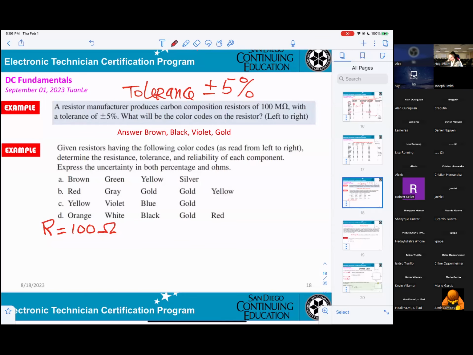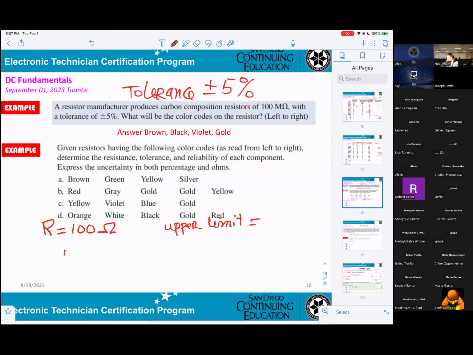So if you get 100 ohm, I want to find out what is the upper limit.